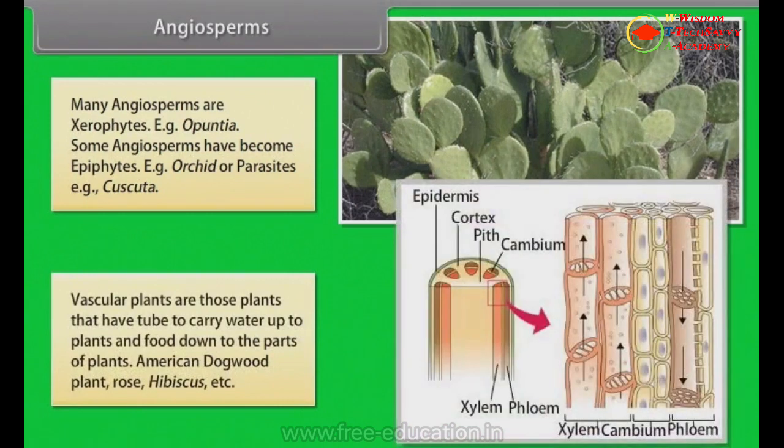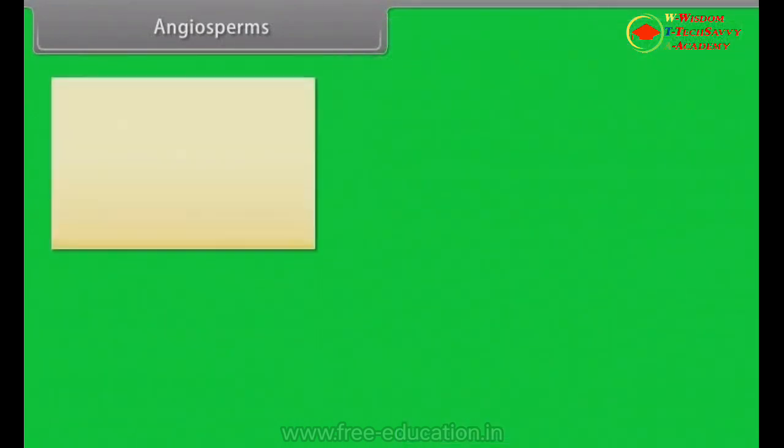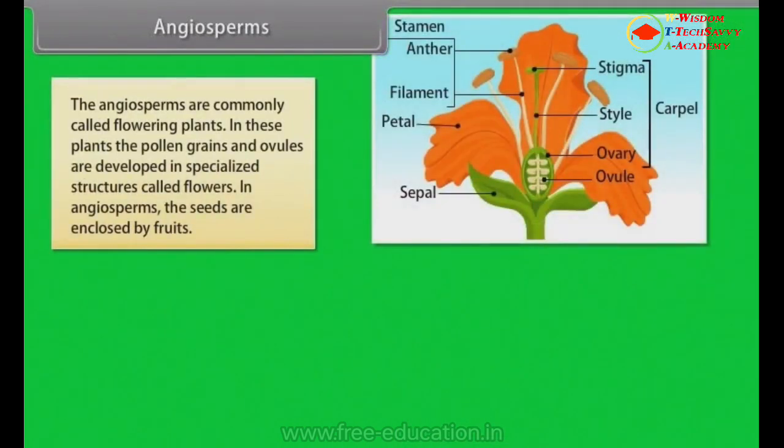Vascular plants are those plants that have tubes to carry water up to the plants and food down to the parts of plants, like American dogwood, rose, hibiscus, etc. The angiosperms are commonly called flowering plants. In these plants, the pollen grains and ovules are developed in specialized structures called flowers.